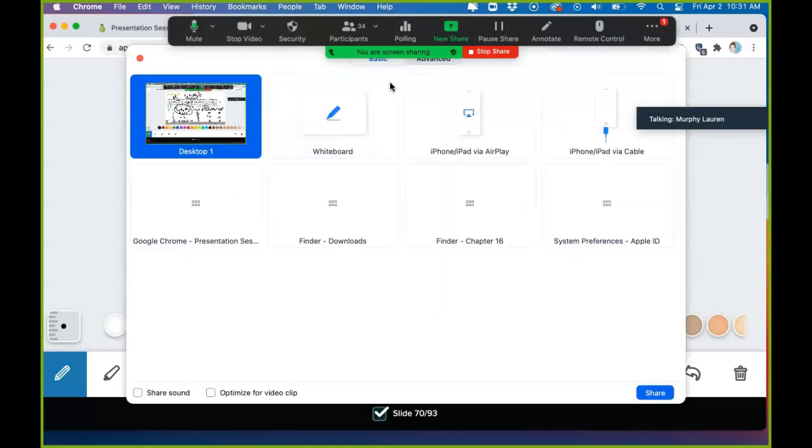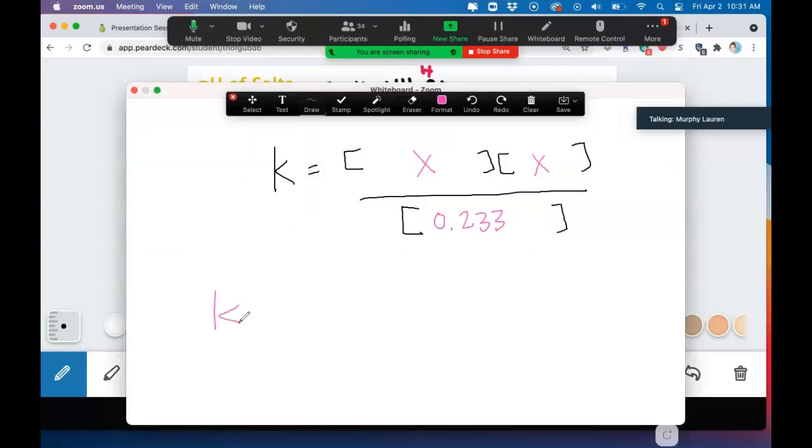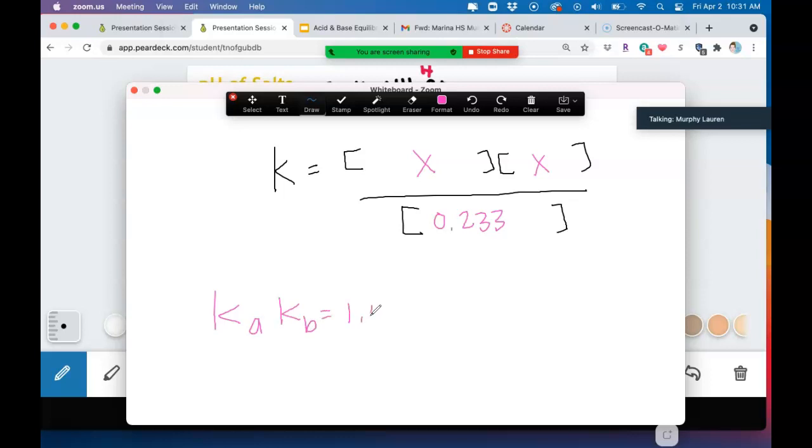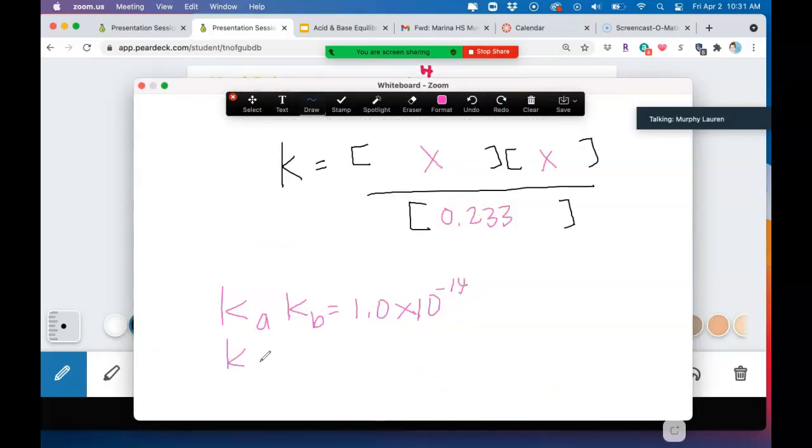Luckily, there is a really easy equation for that. And it's this one. Ka times Kb is 1 times 10 to the negative 14. So if you know one of them, you can rearrange to solve for the other. So the Kb is given. It's 4.3 times 10 to the negative 10.